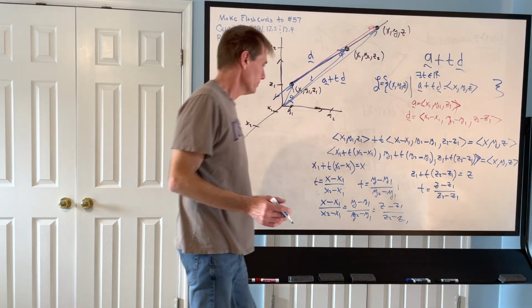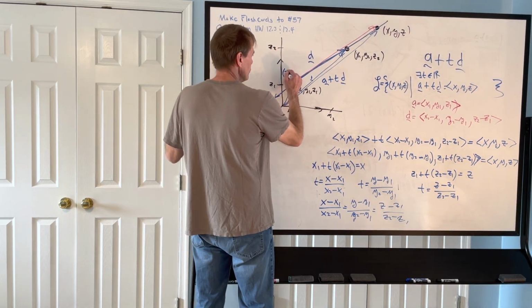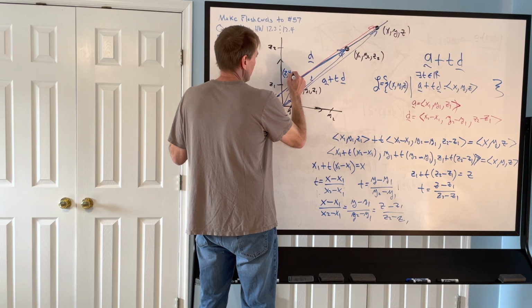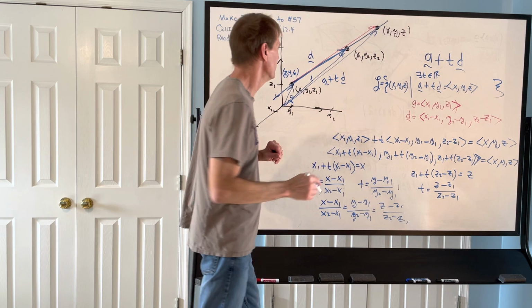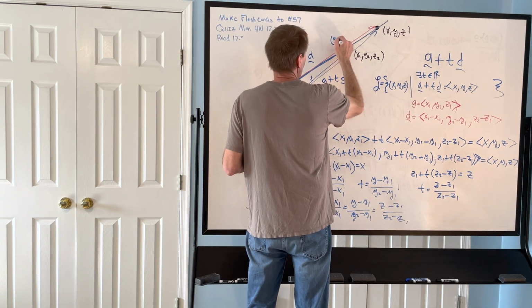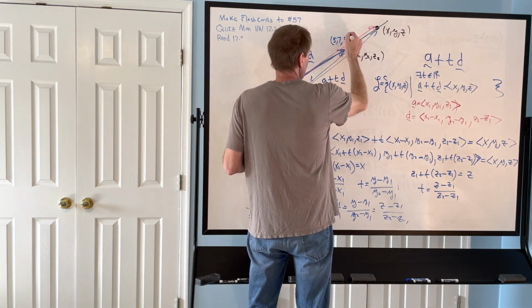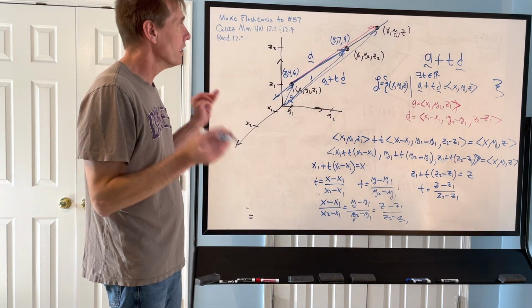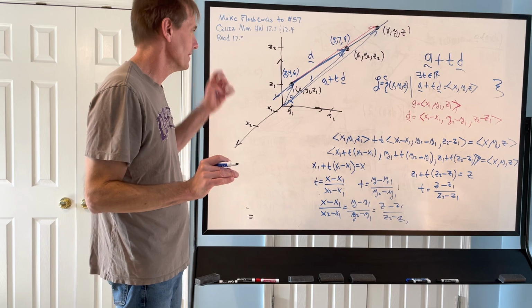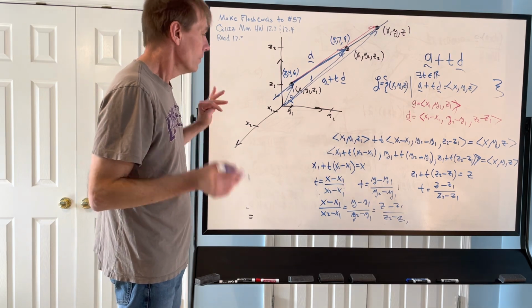So for example, suppose this was 2, 4, 6. I just took your 1, 2, 3 and doubled it. And this is like 5, 7, 9. Those are the points. The equation of the line that would run between the two would have two forms.